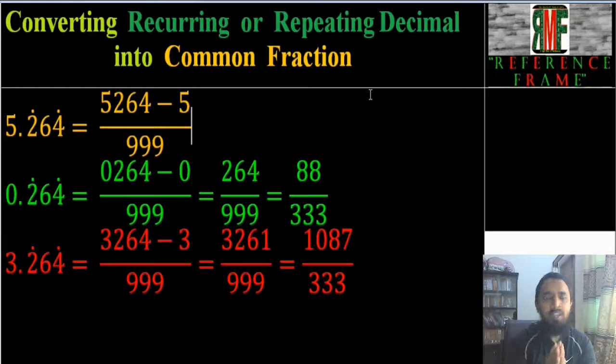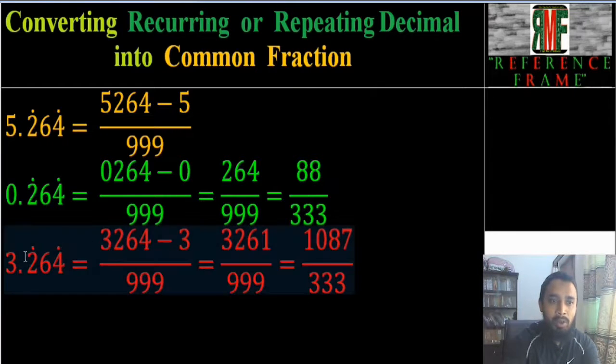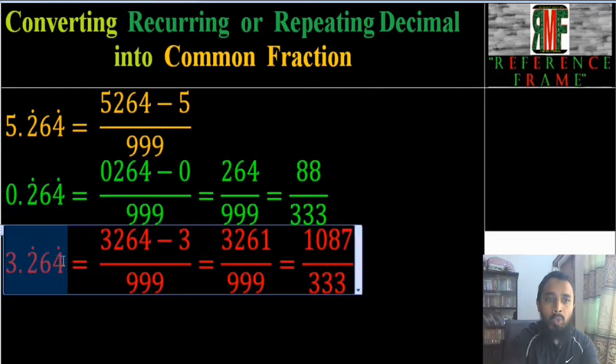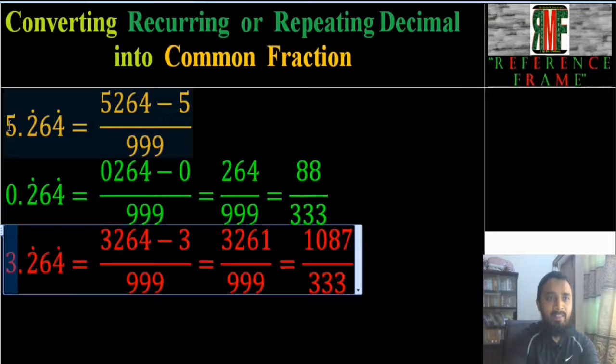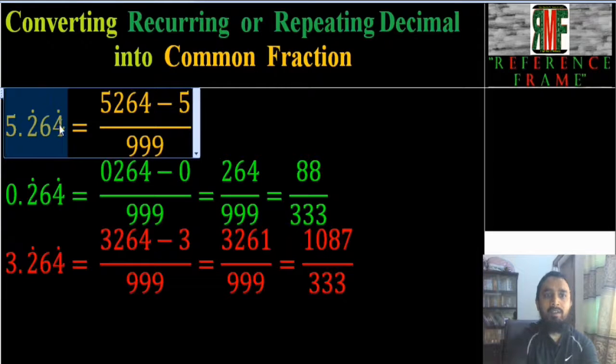But for MCQ, it is so time killing to show all the procedures, because that will take a huge amount of time. Rather than doing that, you just need to focus on here. Look what you need to do. We need to take the whole number, that means the given number, minus the part before the decimal, the digit or digits.